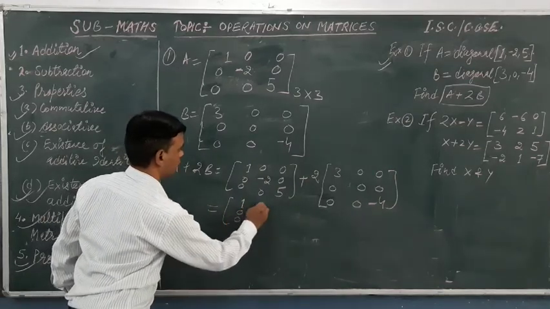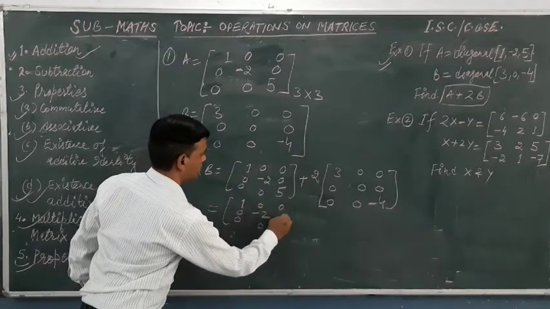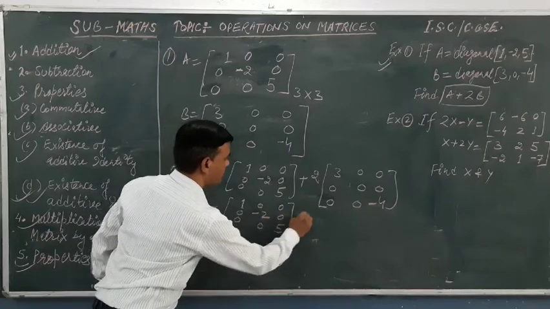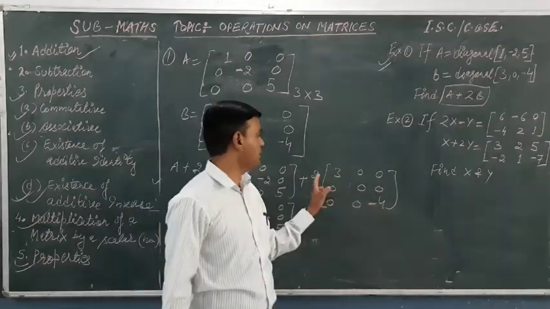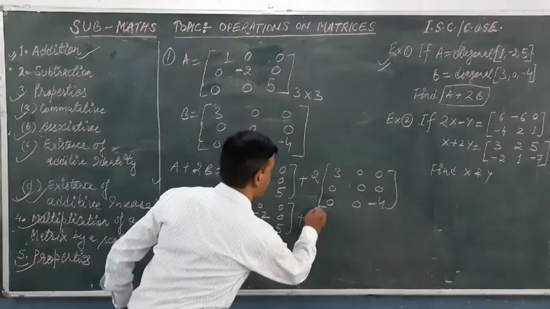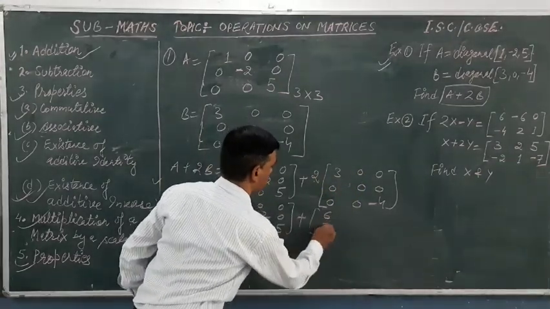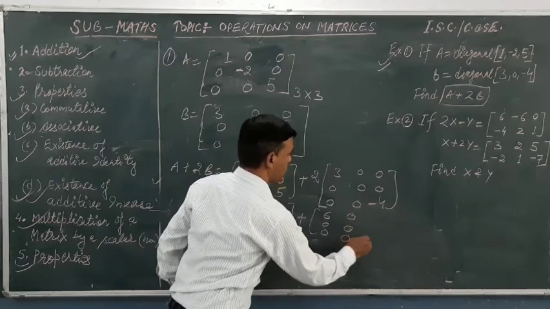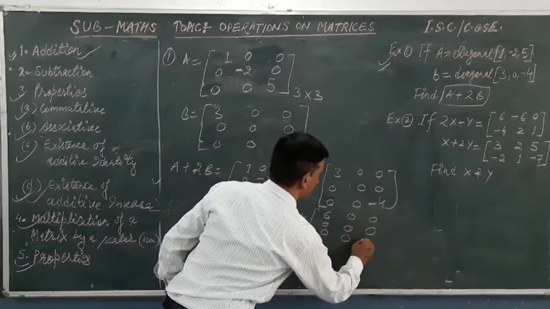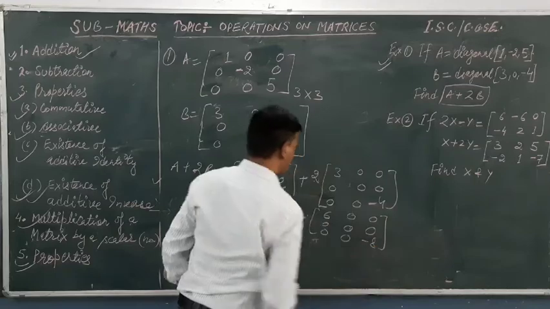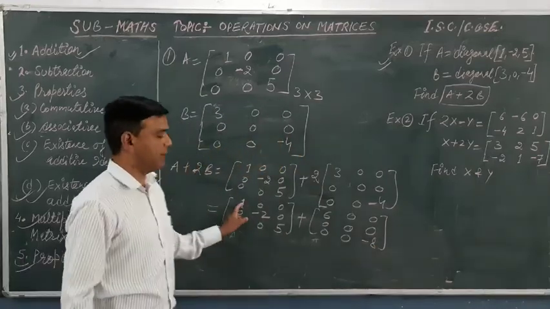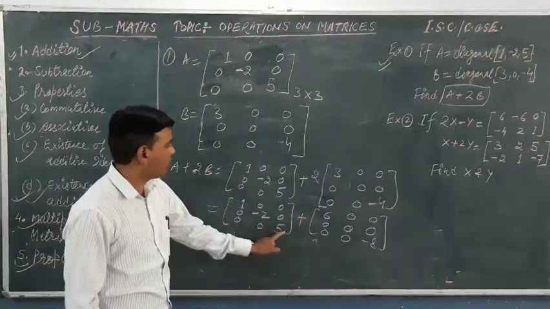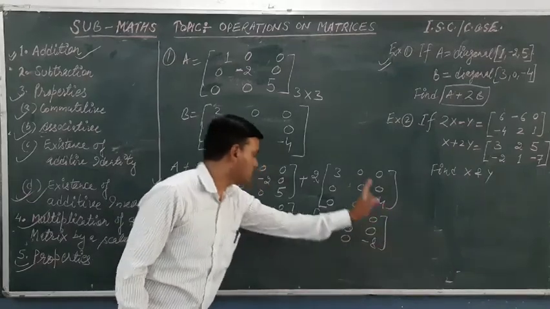For the scalar multiplication, each element is multiplied by 2: 2 times 3 is 6, 2 times 0 is 0, and 2 times -4 is -8. Then we add the two matrices, and the corresponding elements will be added. The order of each is 3 by 3.